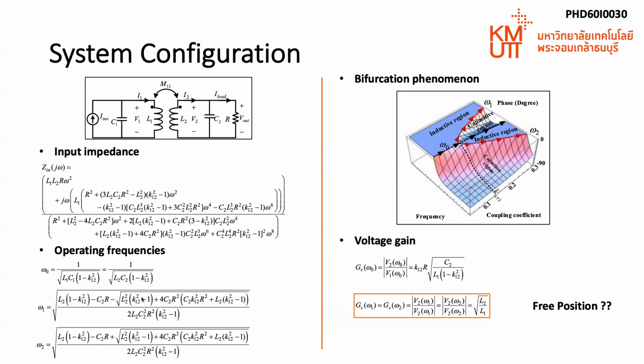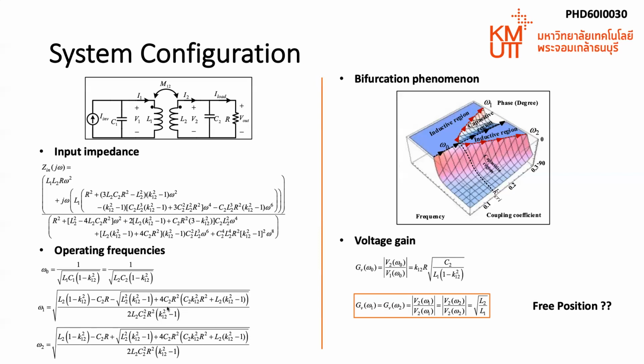Omega 0 is the conventional resonance frequency, and it always exists. Omega 1 and omega 2 can be either real or complex. Only a real omega 1 and omega 2 will provide an operating frequency.